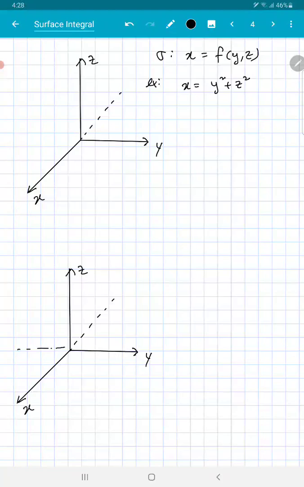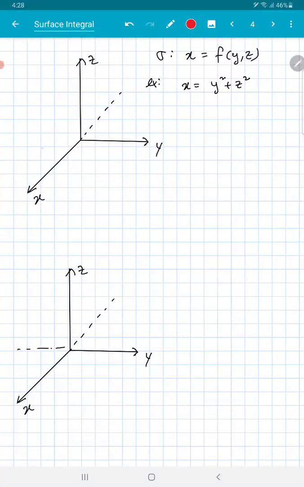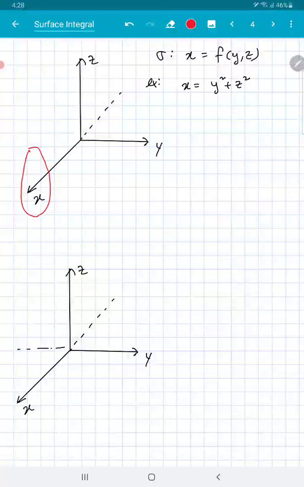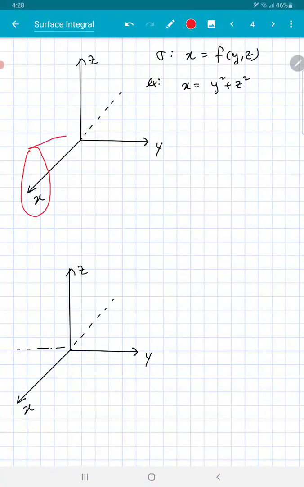This is also a paraboloid, a bowl shape as well, but it's like so. Now you can see that it is facing the negative x-axis. So the normal vector would be pointing that way.